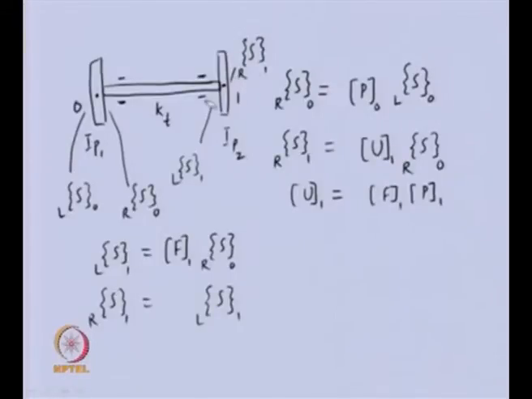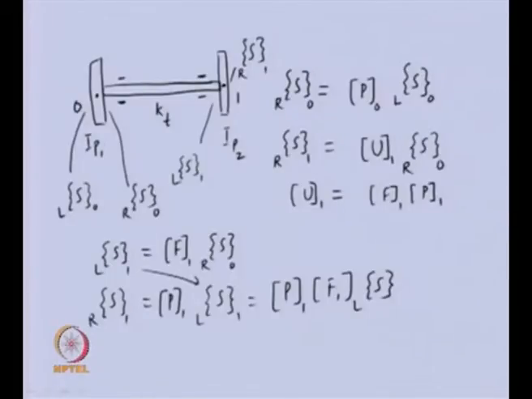In between right of 1 and left of 1 there is a disc, so we need to multiply by the point matrix, and if we substitute this here, we get P1 F1 times the state vector right of 0.